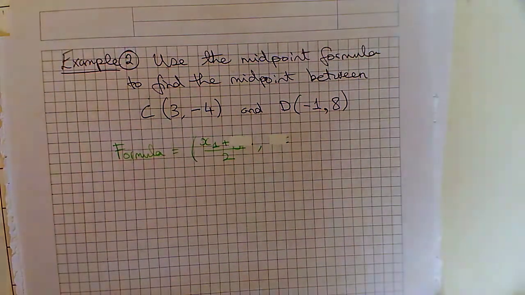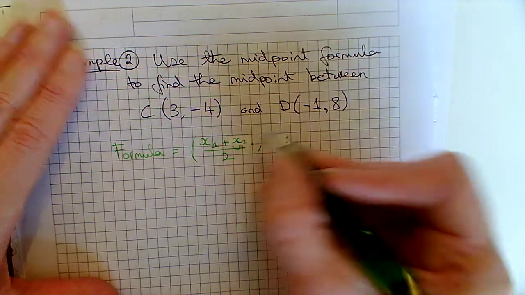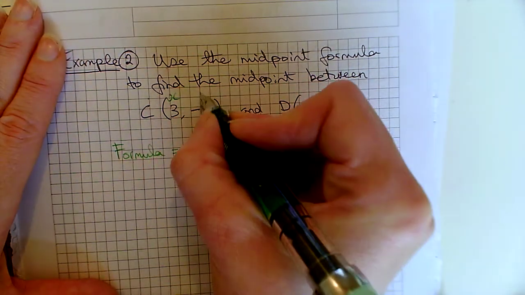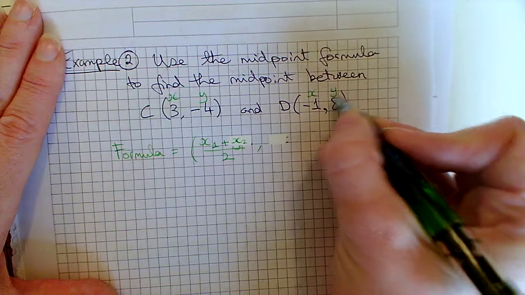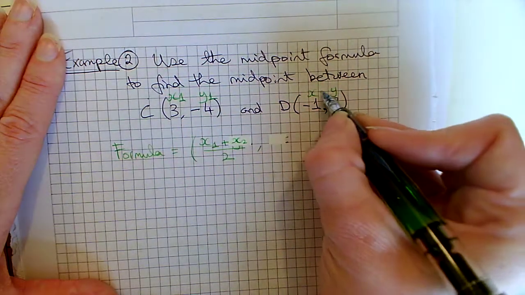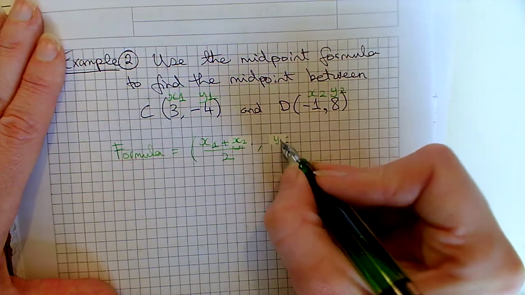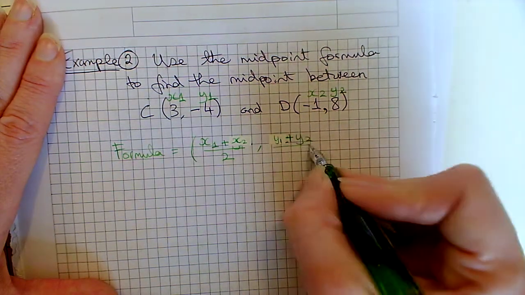So my formula is the average of the x values. So what are x1 and x2? There's an x and a y in both points, and this is my first point, and this is my second point. That's how we label them. And then I have y1 plus y2 divided by 2.